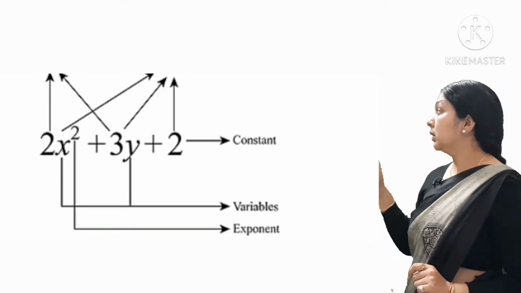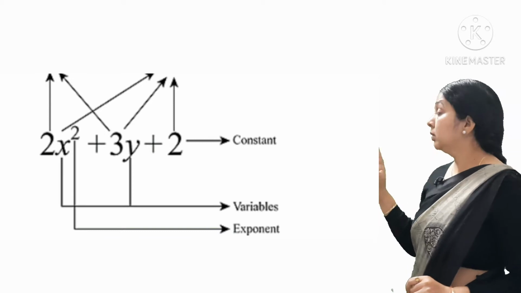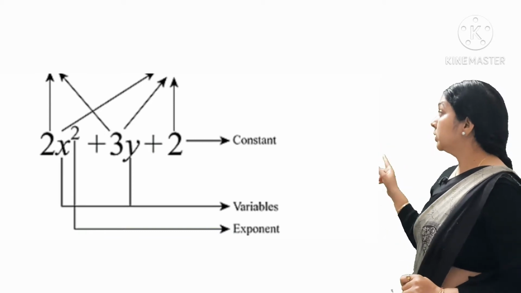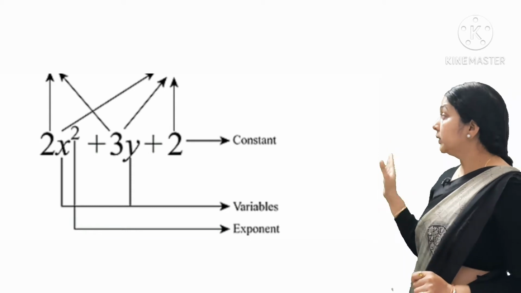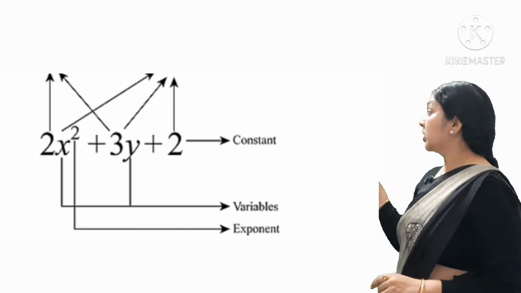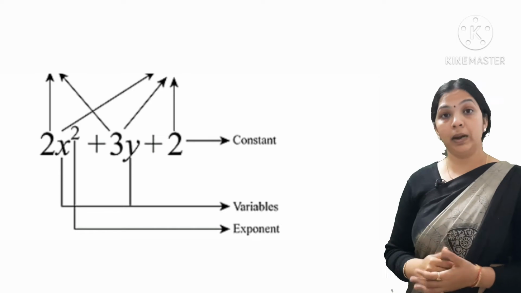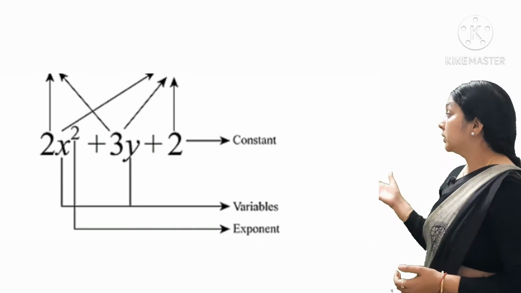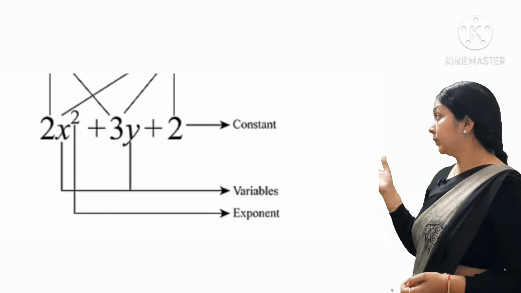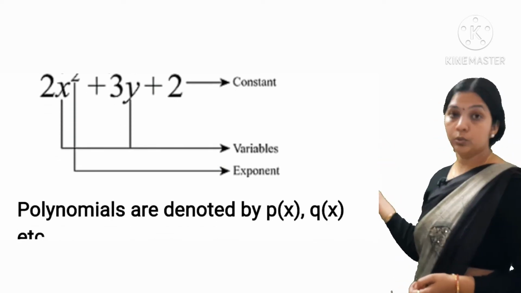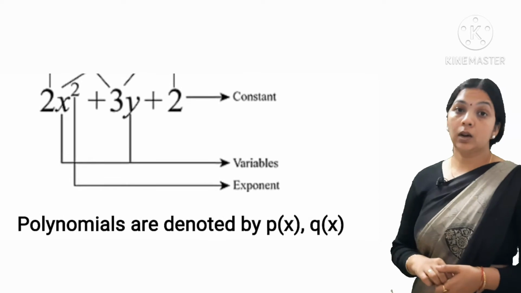So, 2 is the coefficient for x square, 3 is the coefficient of y. The term 2 is known as constant. How many terms are there? The numbers which are separated by the sign of plus and minus are known as terms. So, here we have 3 terms, 2x square, 3y and 2.